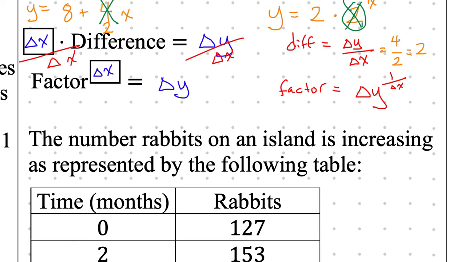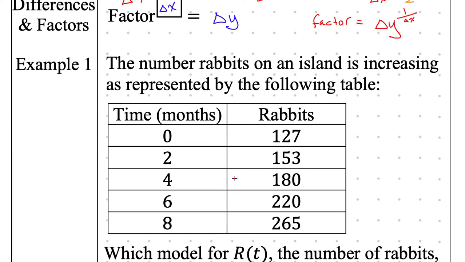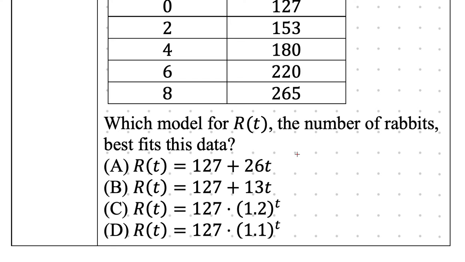All right, so this is going to be one of the harder examples first, and then the easier example second, I think. I'm pretty sure. Okay, so example 1. We have rabbits on an island. It looks like they are procreating and making more rabbits. So we need to figure out, first, is it linear or is it exponential? And then we need to choose the right equation.